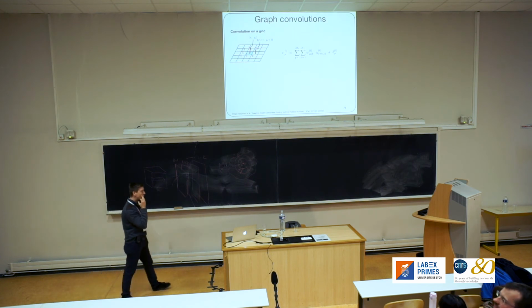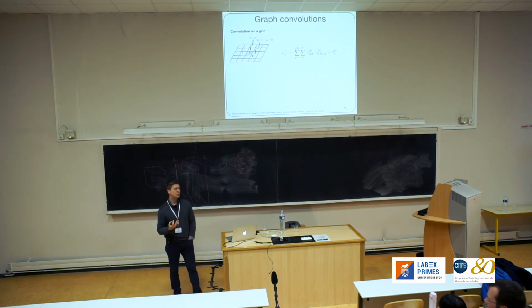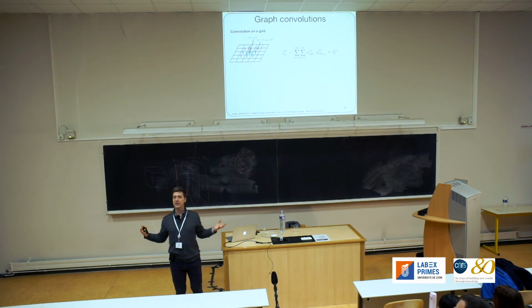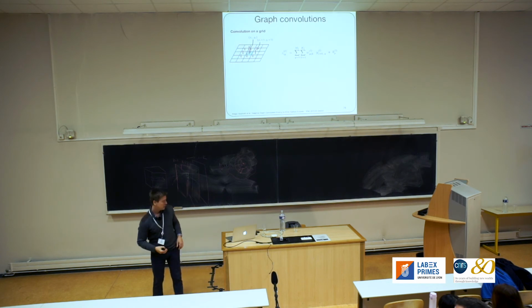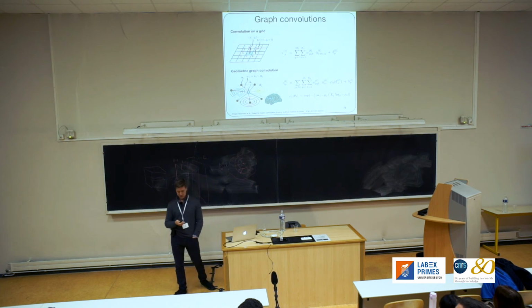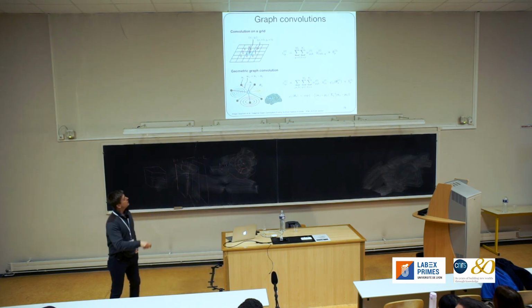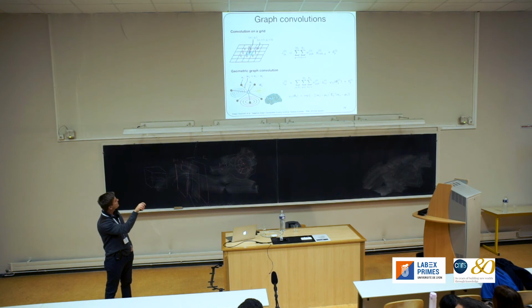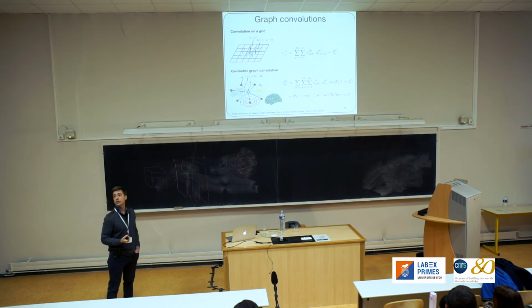Now, how do we extend this to something that's not a regular grid? What if my pixels could be anywhere in space? That's a bit more complicated, but it turns out that it's not so hard to do. Instead of having these unit responses, these very peaked distributions, we can use, for example, some Gaussian kernels.